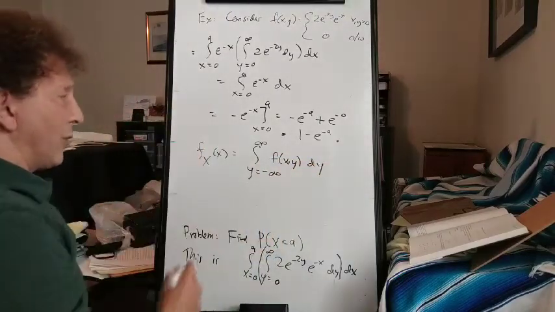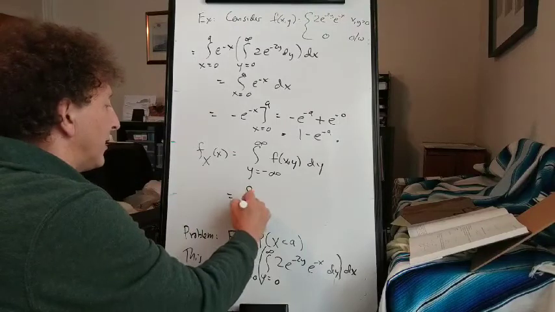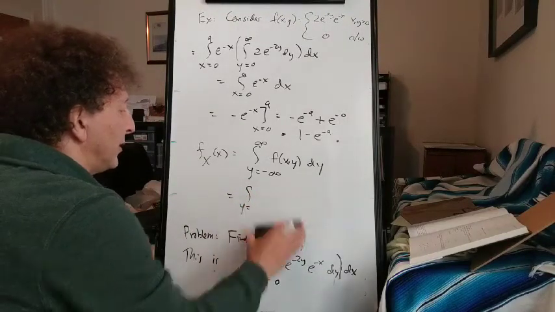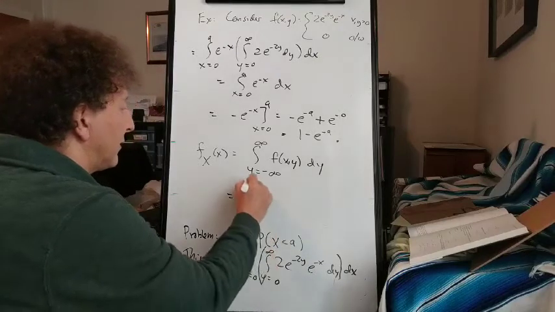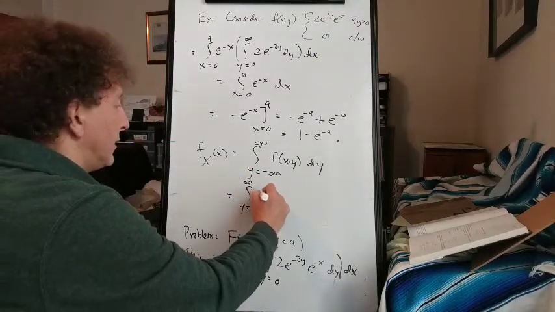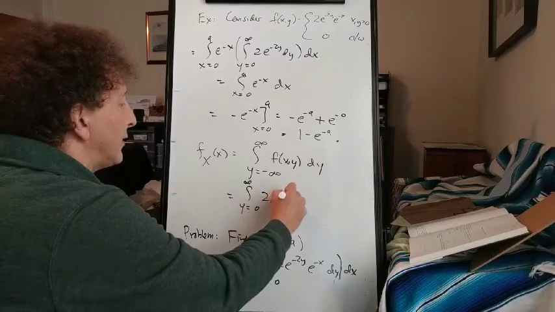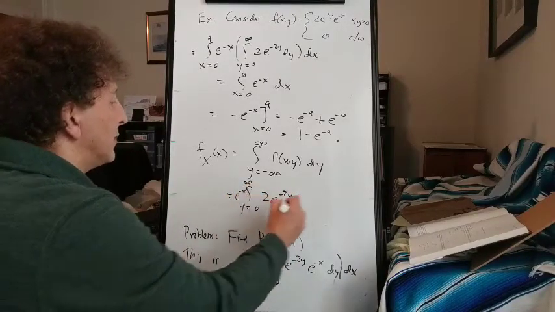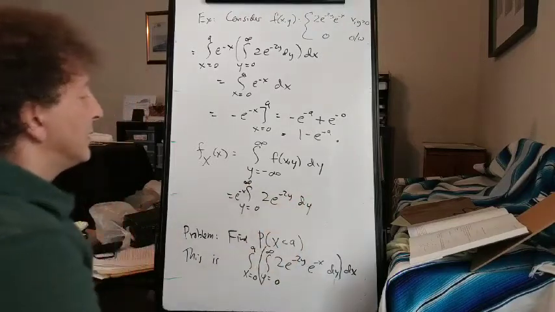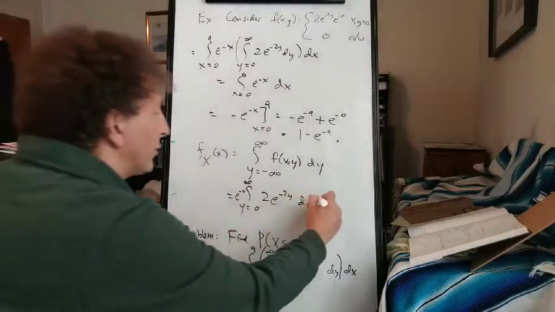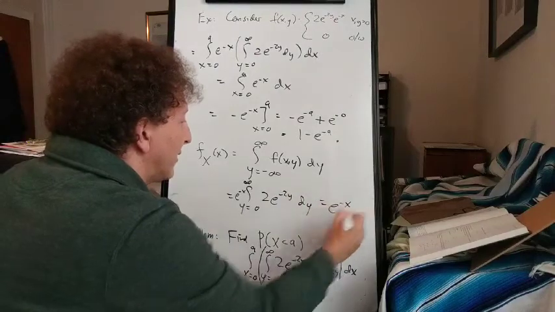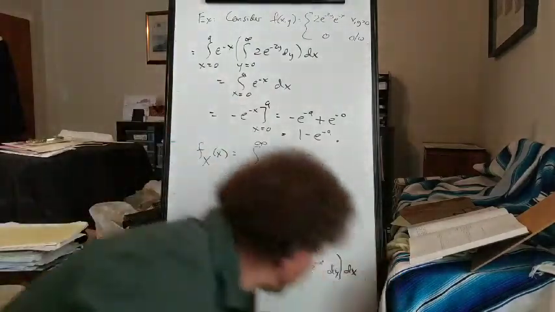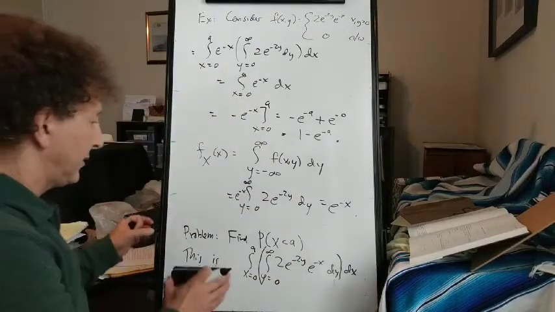If we integrate out all the y's, so we've got the integral as y goes from 0 to infinity in this case, 2e to the minus 2y, e to the minus x I might as well put on the outside, dy, and then this integral is 1, so we just get e to the minus x. So that's the marginal density of x.